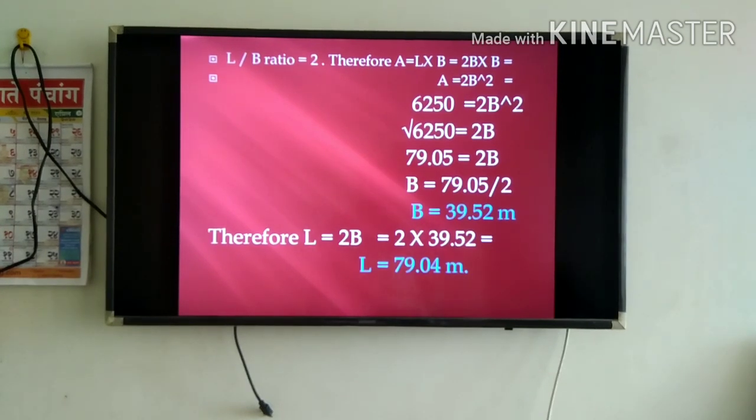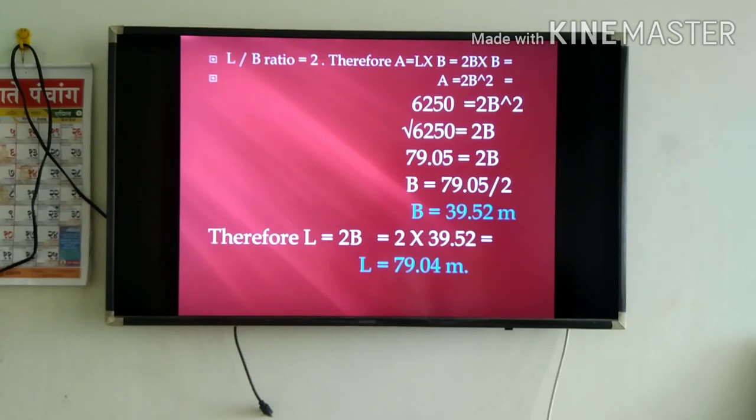We have L by B ratio equal to 2. Therefore, area A is equal to L into B, that is length into breadth. Then L is equal to 2B, so area is equal to 2B square. We already got area is equal to 6250 is equal to 2B square.